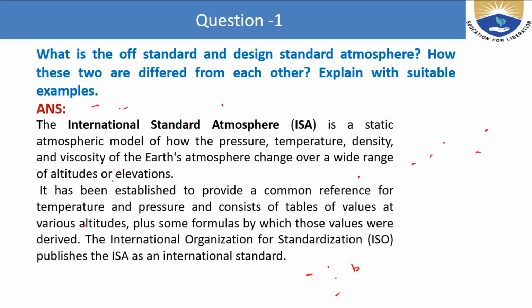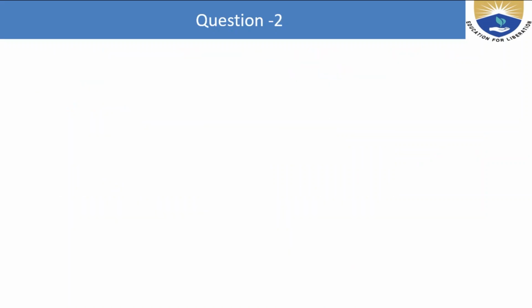It has been established to provide a common reference for temperature and the pressure, and consists of tables of values at various altitudes plus some formulation by which these values were derived. The International Organization for Standardization publishes this ISA as an international standard.